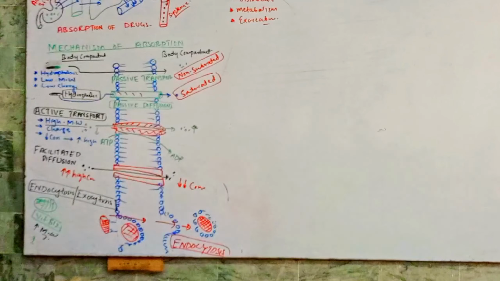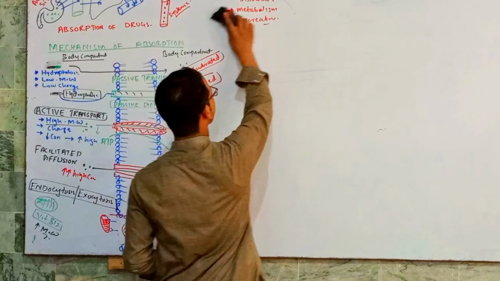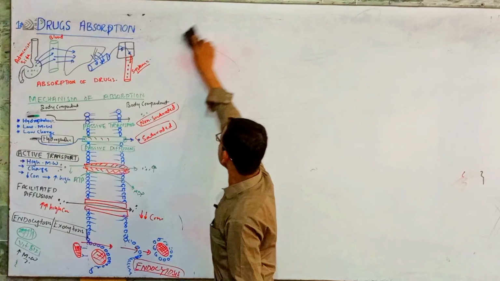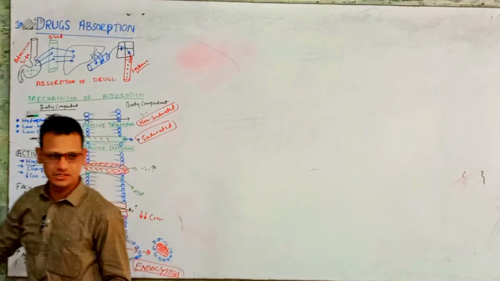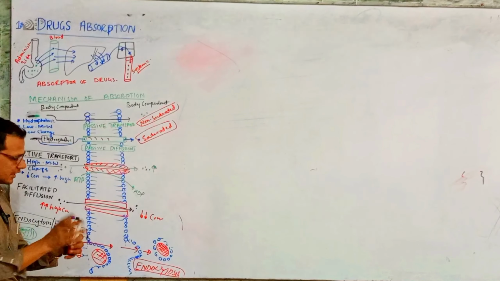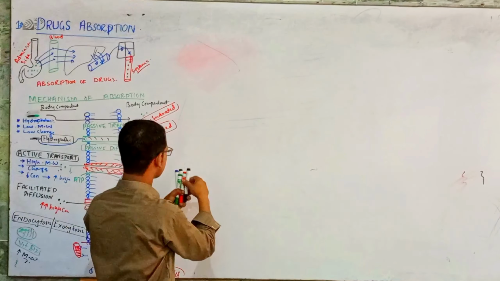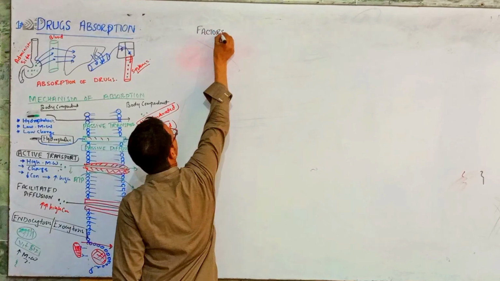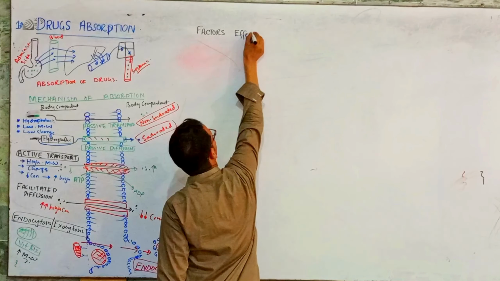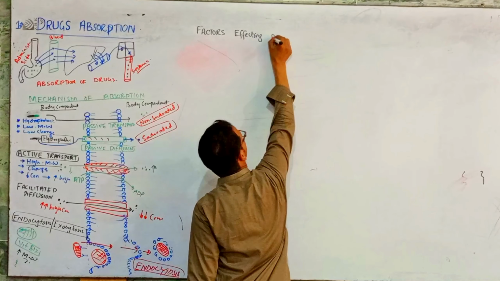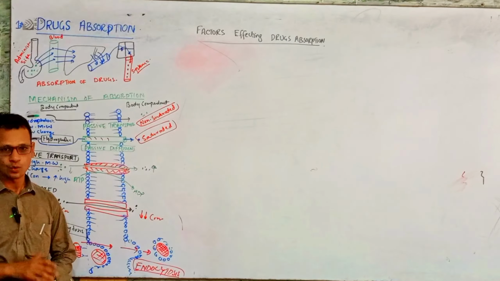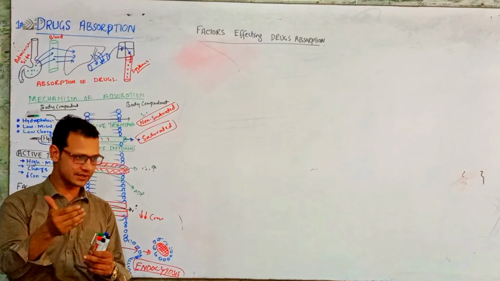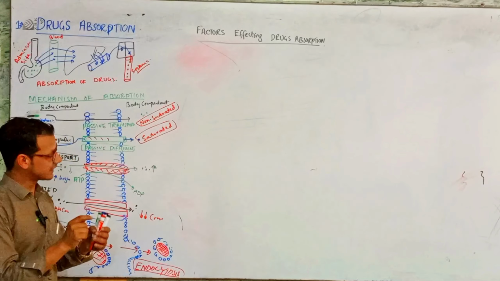Now we will go for factors affecting drug absorption, and we will also somewhat discuss the effects of diseases on drug absorption, right? What are the factors which influence, or which decrease or increase, the drug absorption?